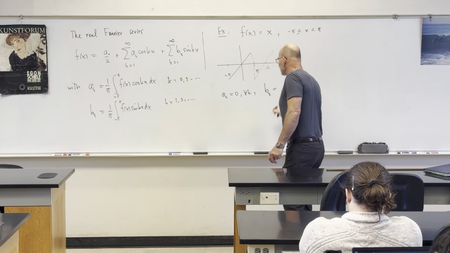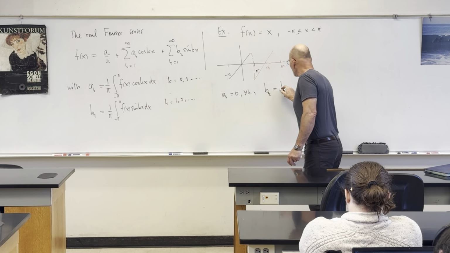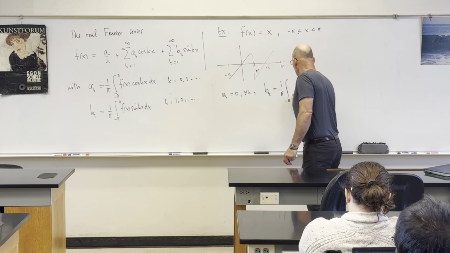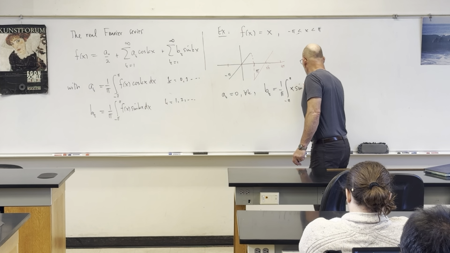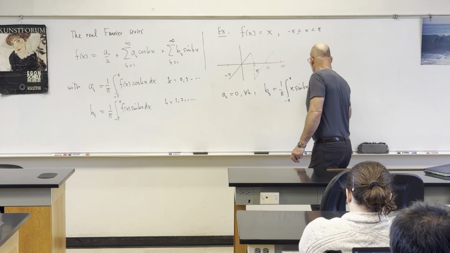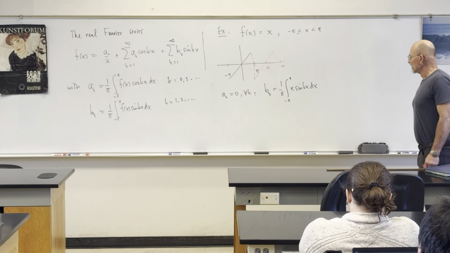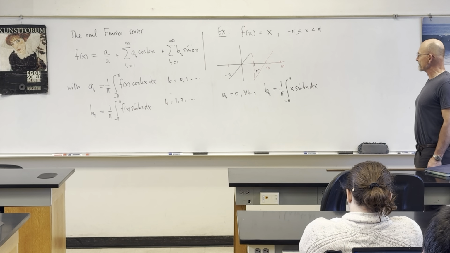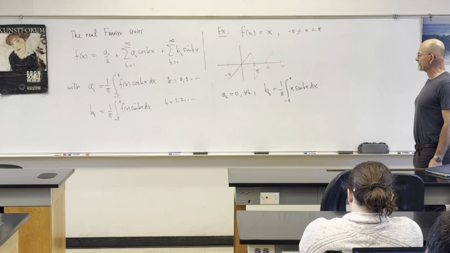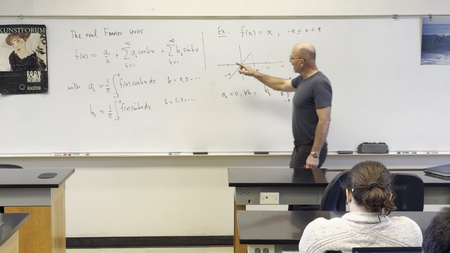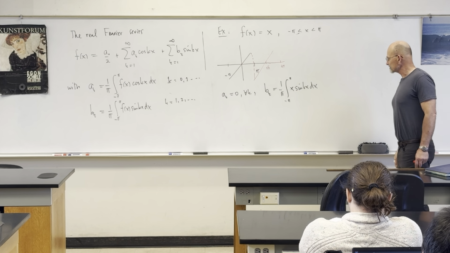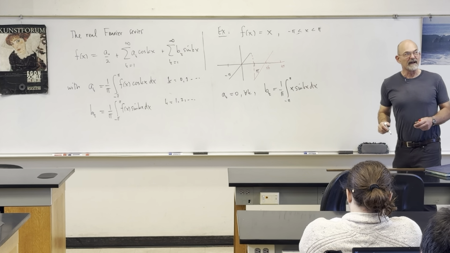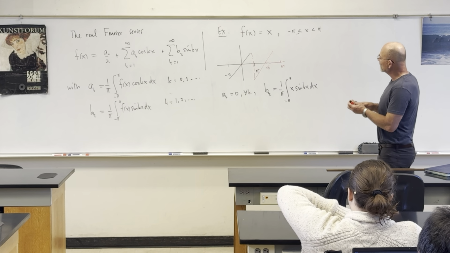B sub k is equal to 1 over pi, integral of x sine of kx dx. And the series itself is going to have a solution b sub k sine of kx. So there's going to be something interesting about these that we want to take a look at.